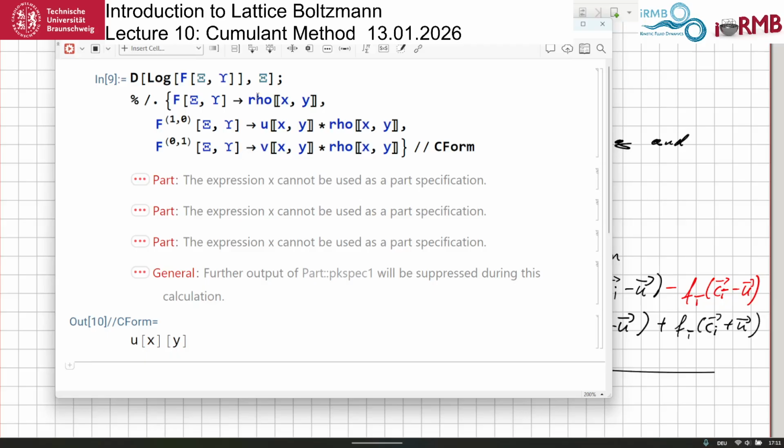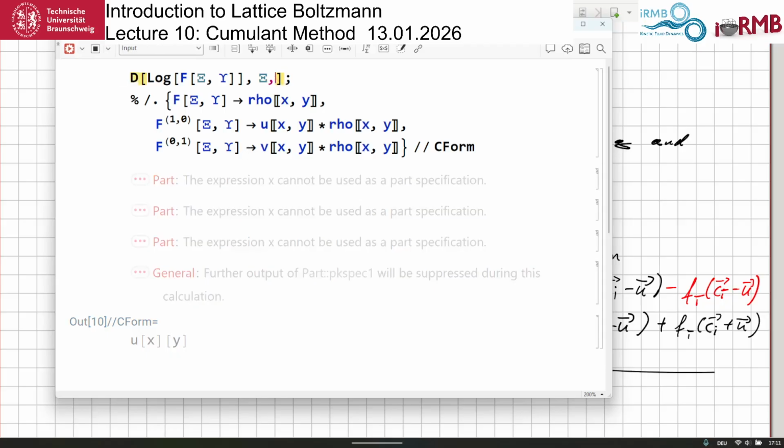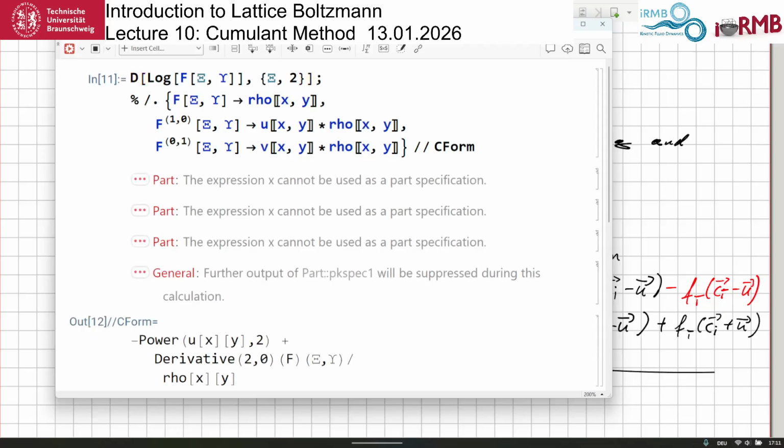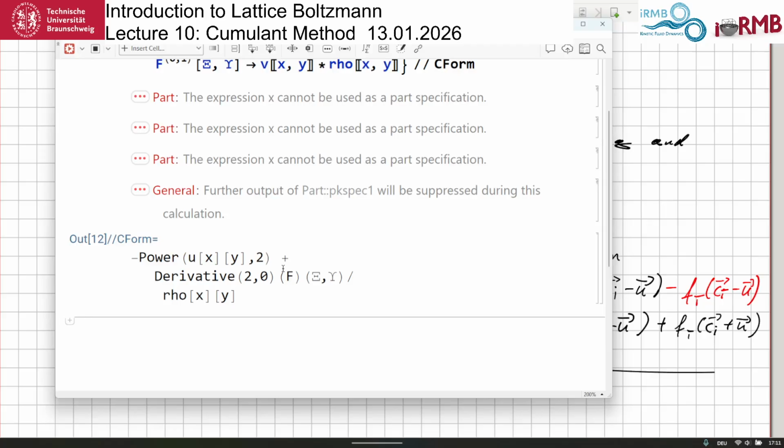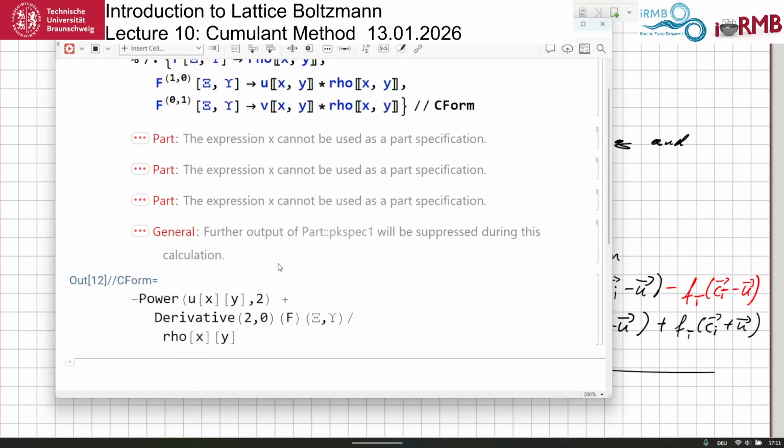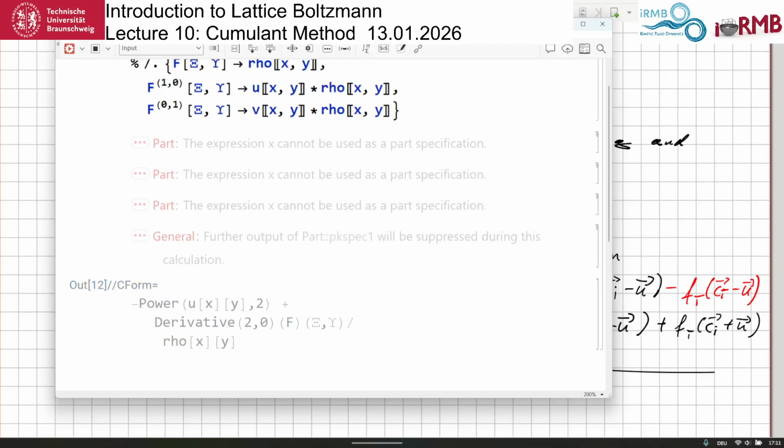So for example, if I want to see something else, for example, a second derivative of this, which, if I don't want to write the same letter again, I can do also this way. No, I cannot. Oh, I can. Yes. Okay, let's forget about the C. Okay, so stupid.